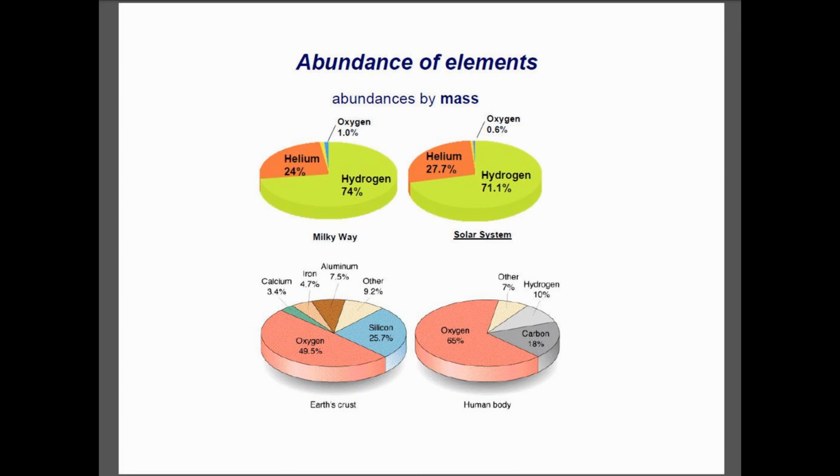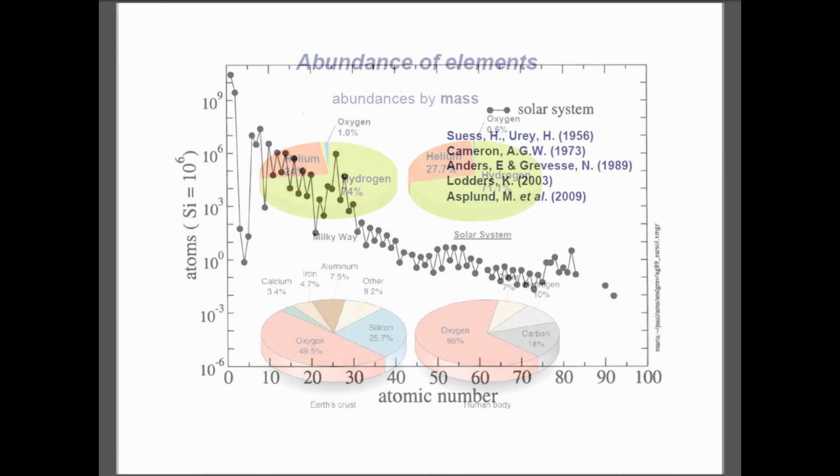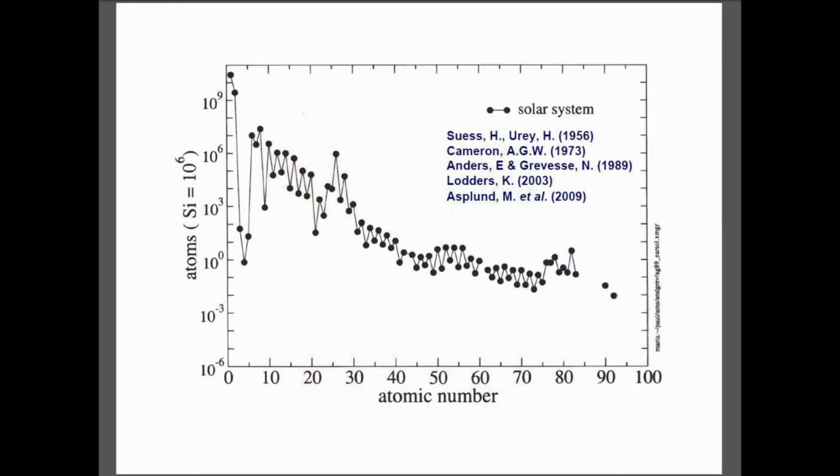So these two things are very different. But as far as physics is concerned, the elements of our solar system seem to be a robust distribution. It's like that in the galaxy, and apparently, as far as we know, also in other galaxies.